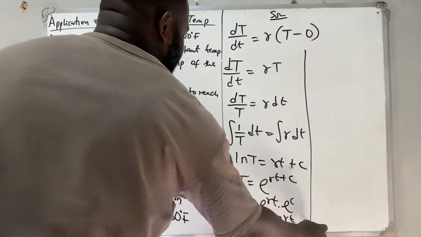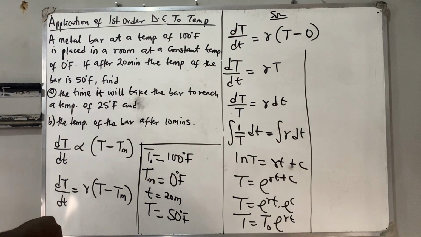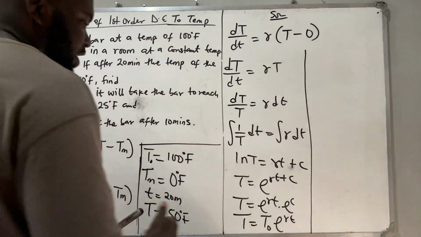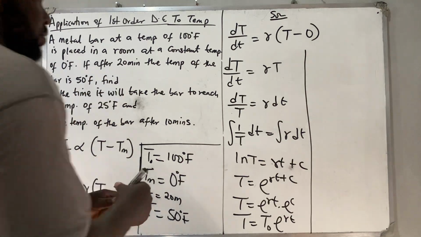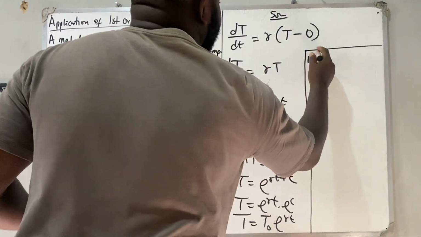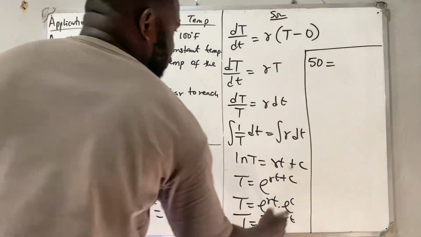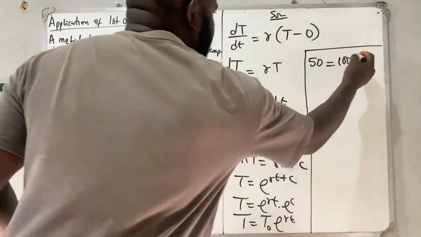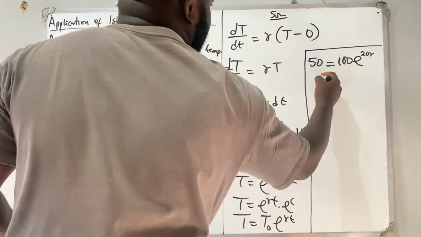If I apply this, let us get the rate, because we cannot find the rate here. From what we are given, the initial temperature of this body is 100, and the current temperature is 50 in 20 minutes. So we have 50 equal to 100 exponential 20r.